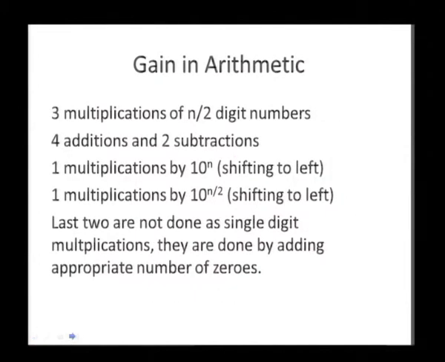So, let us just see what the gain in the arithmetic is. The gain in the arithmetic is, we have 3 multiplications of n by 2 digit numbers, we have 4 additions and 2 subtractions, we have 1 multiplication by 10 power n and 1 multiplication by 10 power n by 2, and the last 2 are not counted as multiplications, they are just shifting operations or adding least significant zeros.